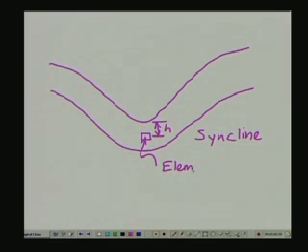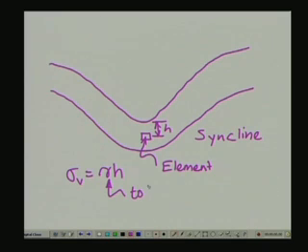So, in this case, had the topographic effect been absent, we would have said that the vertical stress, or sigma v, is equal to gamma times h, where gamma is the total unit weight of the rock layer.